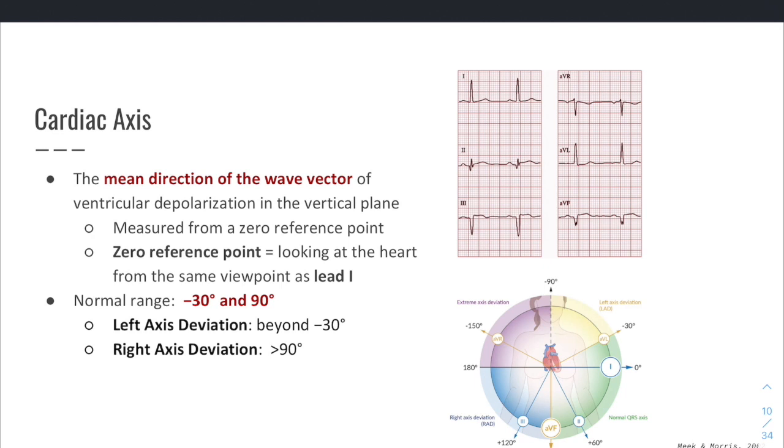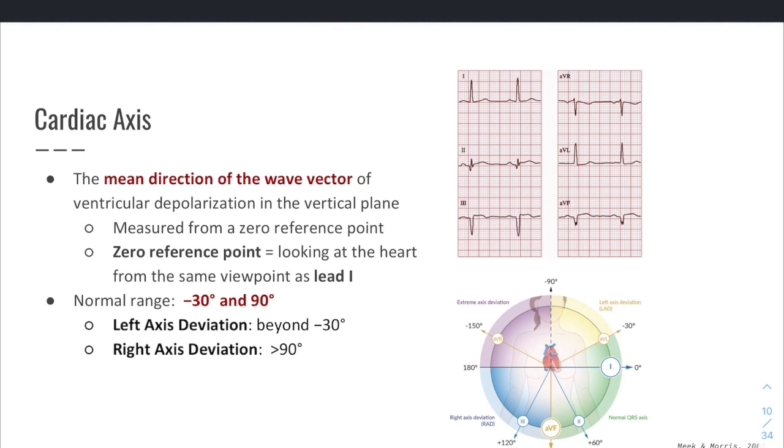Sorry to get very physicsy on you, but the best way to think of this is almost like a clock or a sphere, and the heart is at the center of the sphere. So when we're talking about our axis, we're talking about the summation of vectors of positive depolarization and where the sum of those vectors is going.